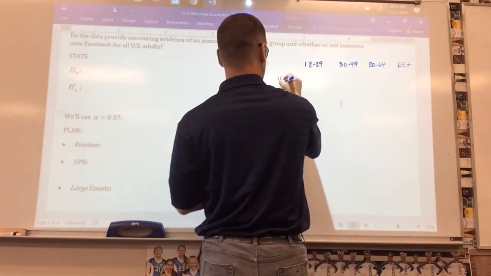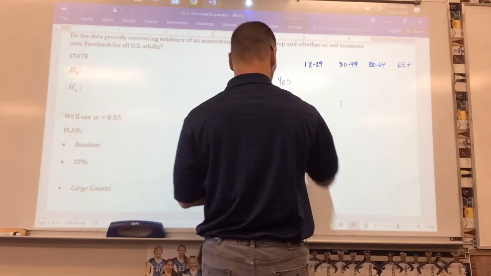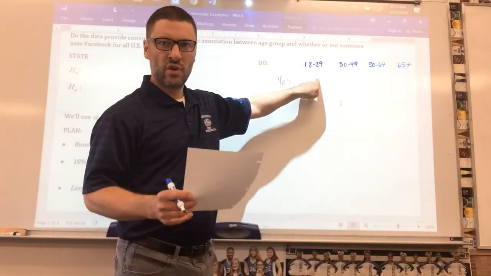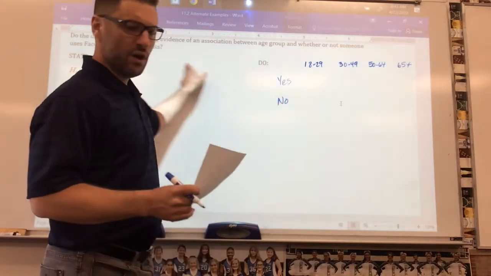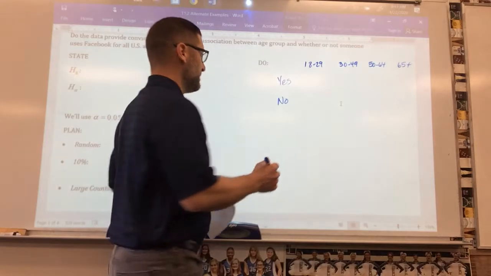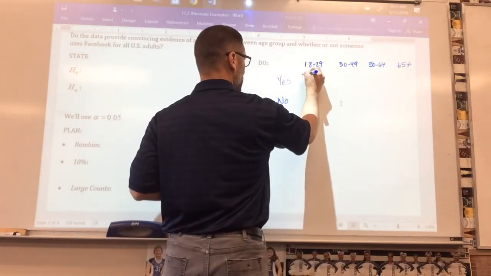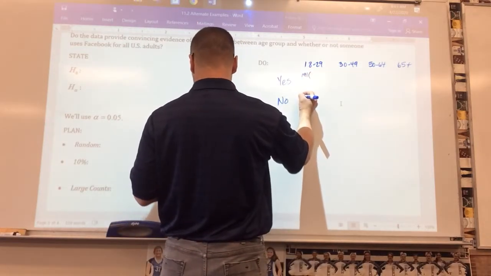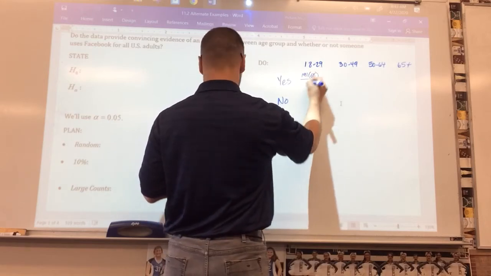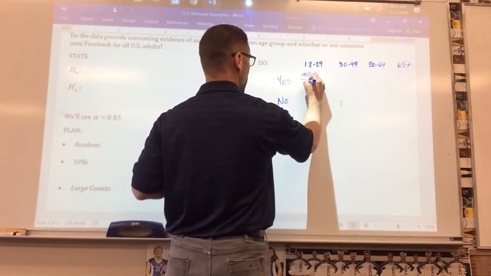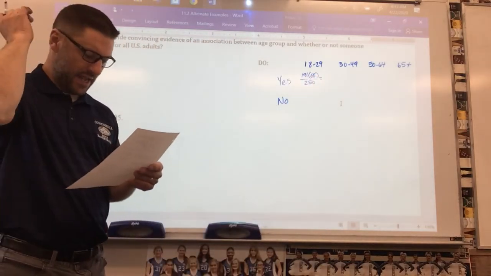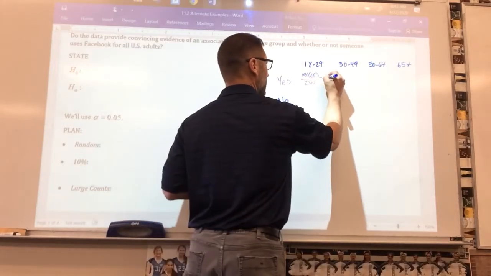I'm going to put yes, and I'm going to put no. And to find each cell, it's row total, which the first top row is 191, times column total, which is 68, all over the chart total, which is 250. And what I got out of that, I got 51.95.